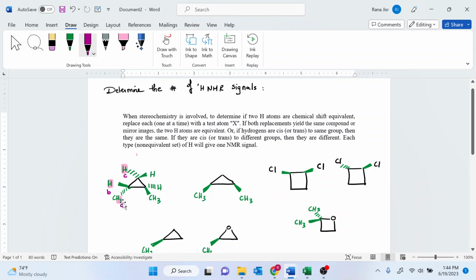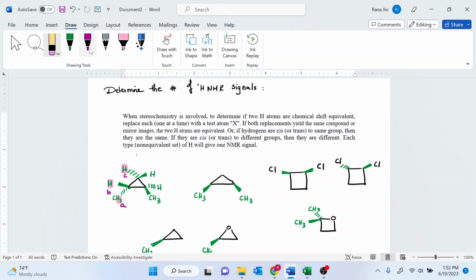Now, after you look for the connectivity, I'm going to look for the hydrogens that belong to the same carbon and see if they belong to the same environment or not. There are two ways. Either you replace each one of them by an X atom and see if both replacements lead to the same compound.